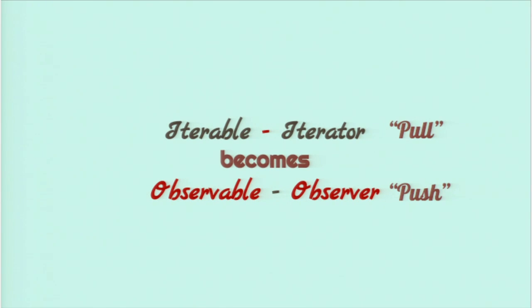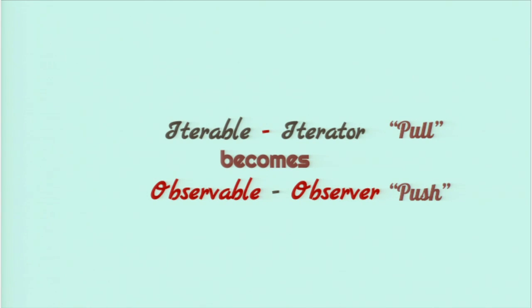I want it now. You are piloting the iteration through the collection. In RxJava with observable-observer, it's a push model. So you will subscribe to a stream and you will receive notifications. The source of your data will emit items and notify you of new items.